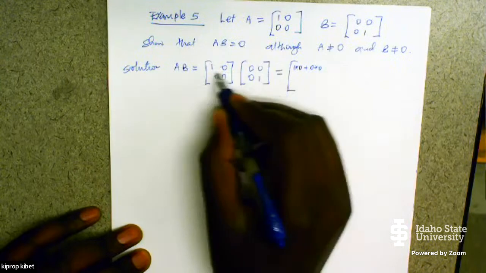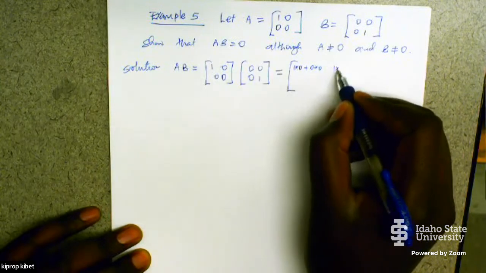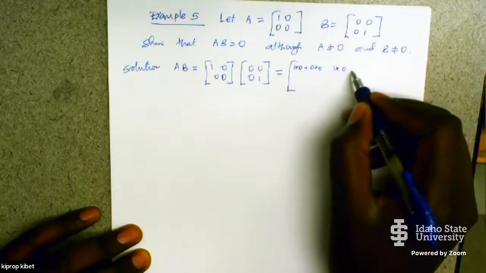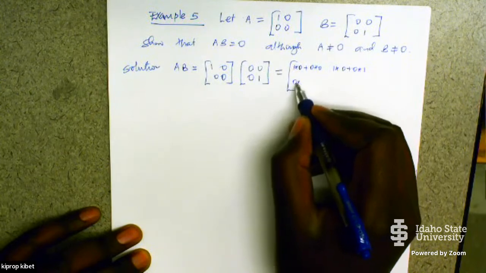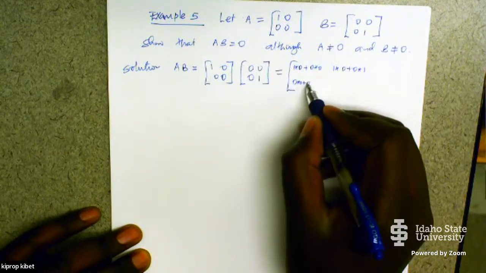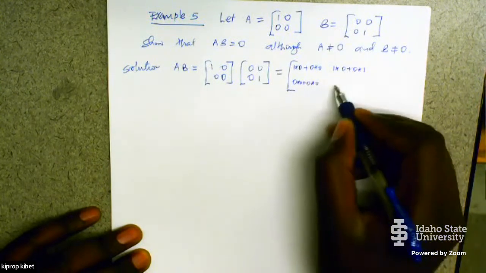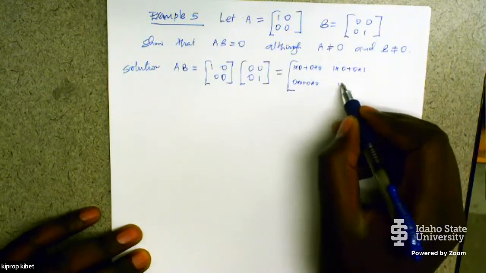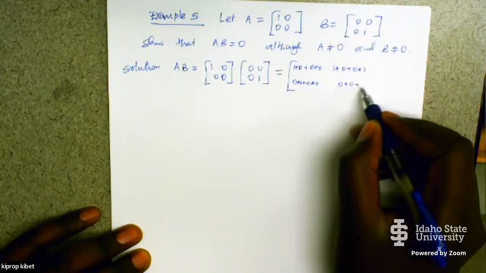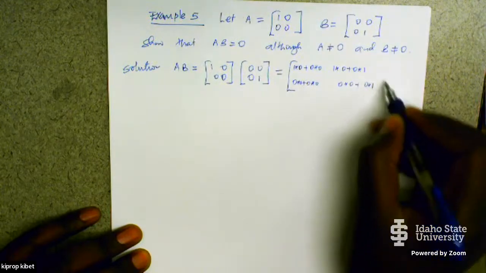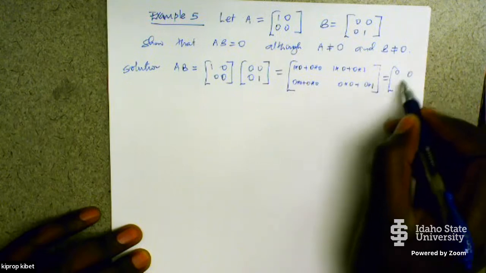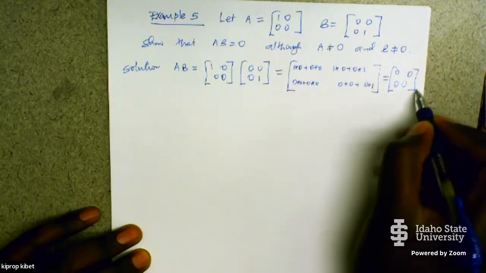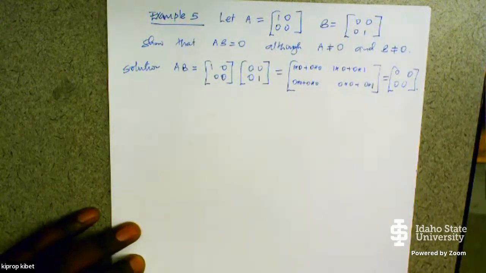The next entry will be 1 multiplied by 0 plus 0 multiplied by 1. The next one is 0 multiplied by 0 plus 0 multiplied by 0. The last one is 0 multiplied by 0 plus 0 multiplied by 1. And this would give us 0, 0, 0, 0.